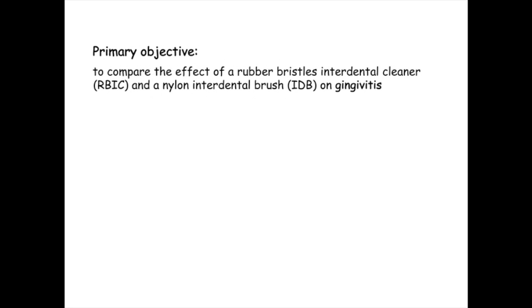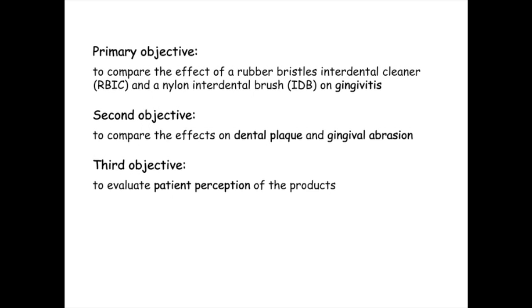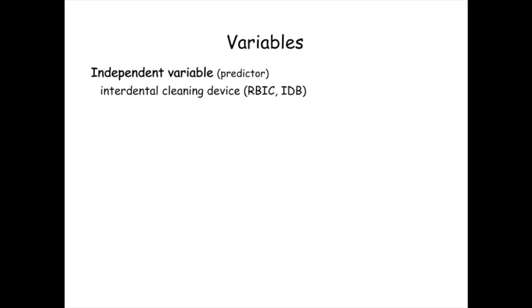Their primary objective was to compare the two devices for gingivitis. Secondarily, they looked at their effects on dental plaque and gingival abrasion. And finally, they asked participants about their perception of the devices. Research involves the study of variables, characteristics that can take on more than one value.